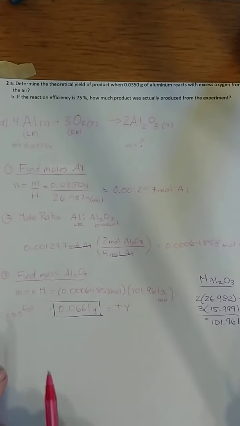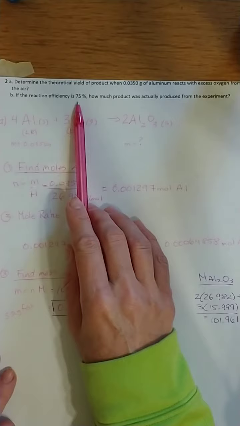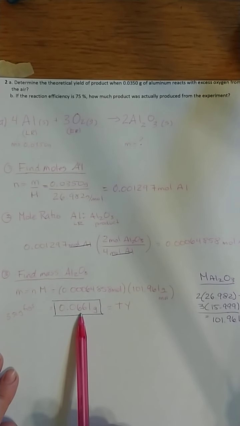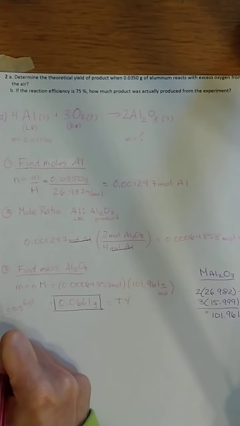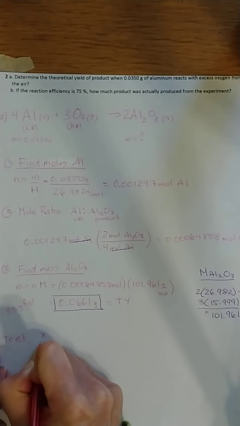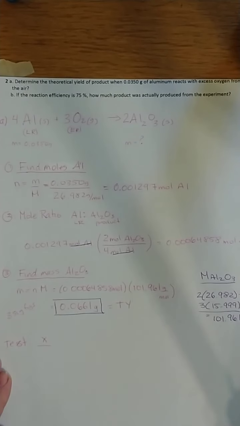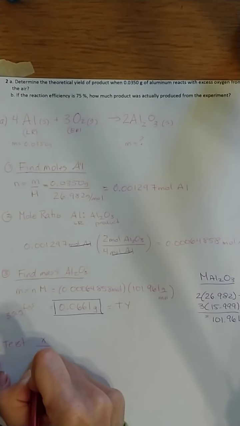What did we actually make? So think of it this way. If you got 75% on your test, and your test was out of 0.0661, how would you get your mark? So if you think of your test, it's X over, let's say your test is out of 50.